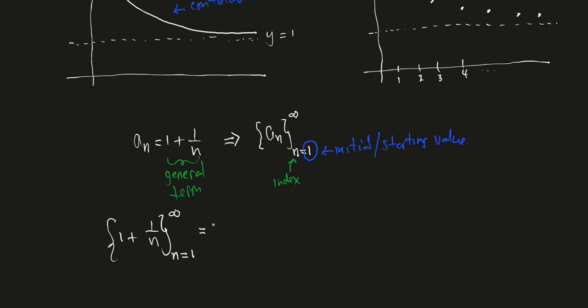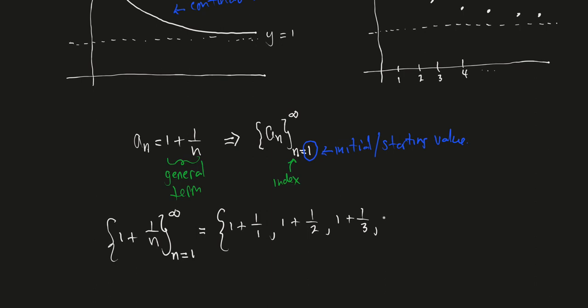So I could also make a list of these values. For instance, when n is equal to 1, I have 1 plus 1 over 1. When n is equal to 2, which would be the next integer, you skip all the numbers between 1 and 2 and go straight to the next integer, we have 1 plus 1 half, and when n is equal to 3, we would have 1 plus 1 third.